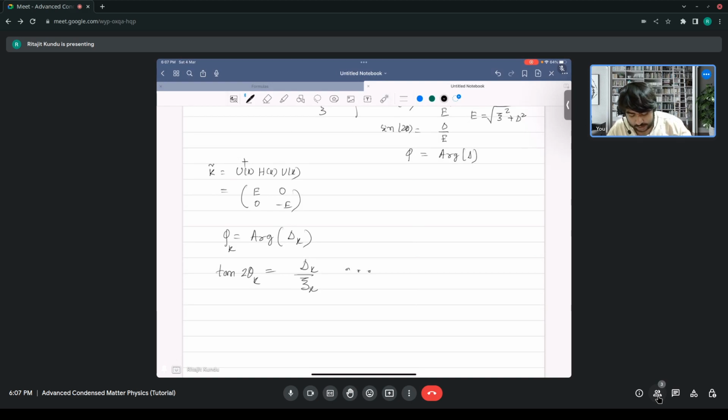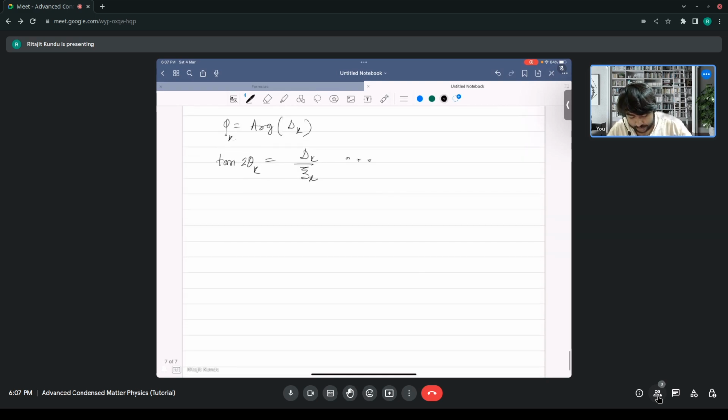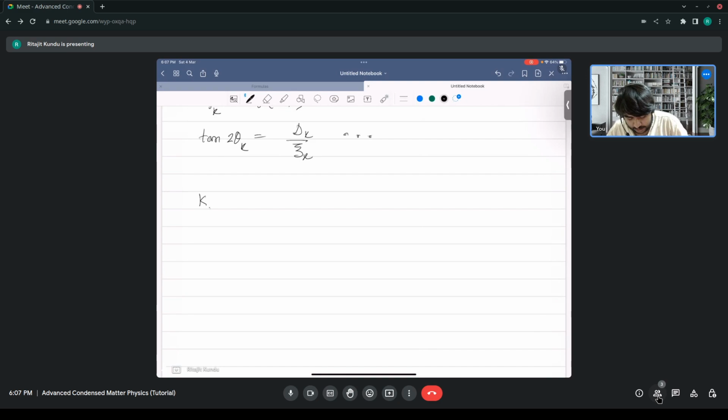Now let's try to see how the total mean field Hamiltonian looks. Let me write it as K_BCS. So K_BCS now looks something like this: sum over k and sigma of E_k gamma_k sigma dagger gamma_k sigma. Now see this, this is my diagonal part. And I had some constant pieces, which I will have to bring back.